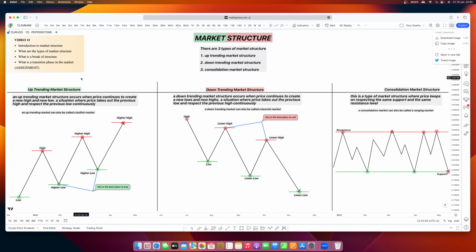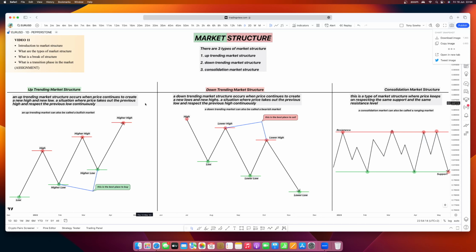Now, the next thing you can see up here, it says, what is a break of structure? And then what is a transition phase in the market? So this is what we're going to be talking about now. What is a break of structure? What is a transition phase in the market? And then we go over to examples. I'm going to be showing you some examples of an uptrending market, a downtrending market, and a consolidation market.